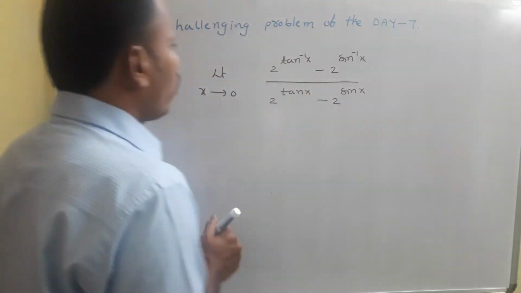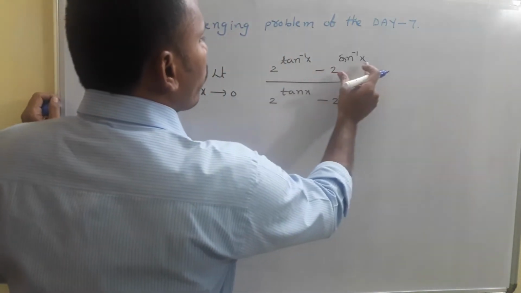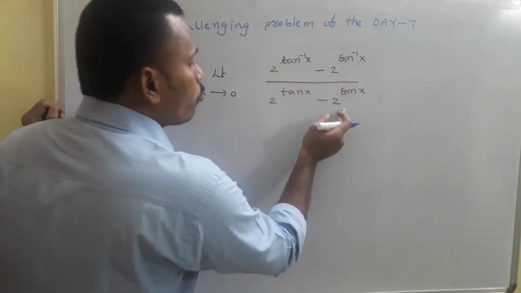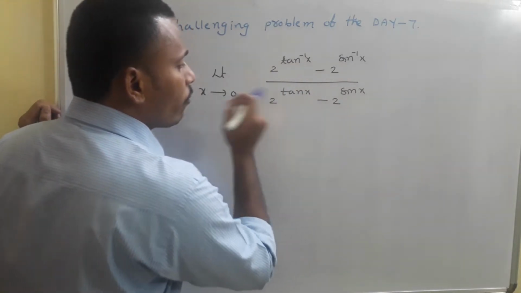First of all, pick out 2^(sin⁻¹x) as a common factor from the two terms in the numerator, as well as 2^(sin x) as a common factor from the two terms in the denominator.